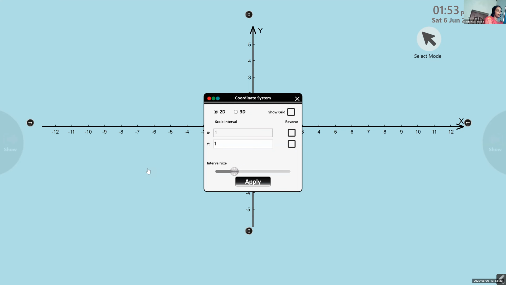The scale interval is 1 centimeter. 1 means 1 unit. How will you draw a right triangle here? It is very less. We cannot draw a right angle there. So I am increasing the width of the axis. That means the gap in between the numbers I am increasing. You can see, when I am applying this, the gap is increasing.